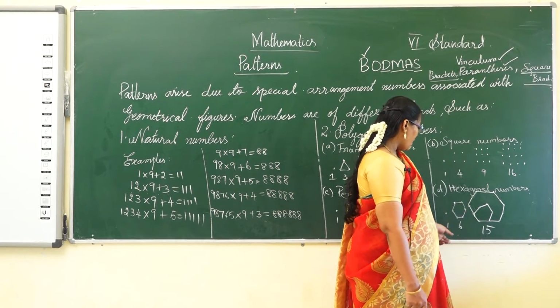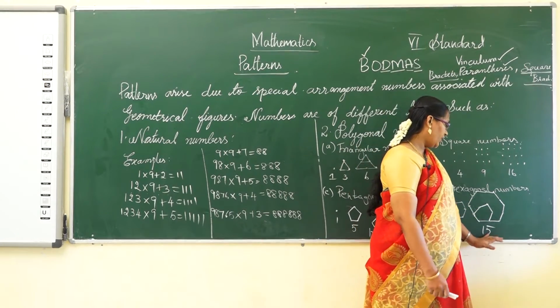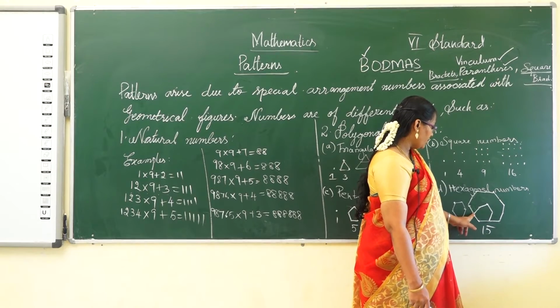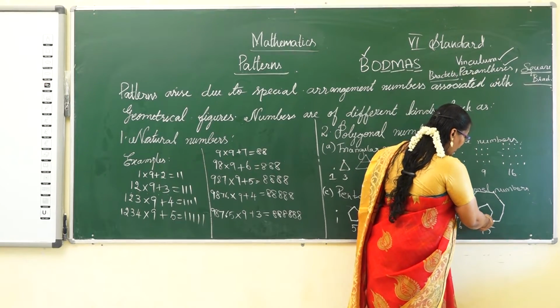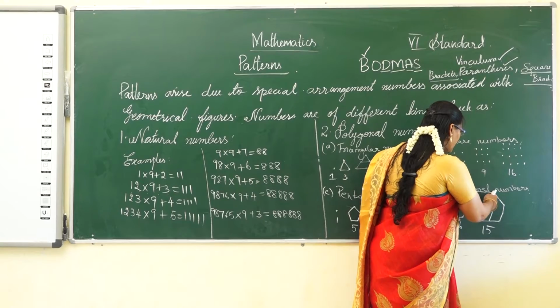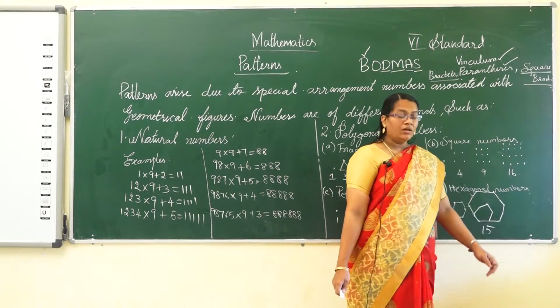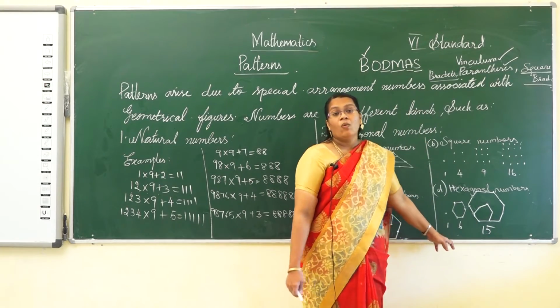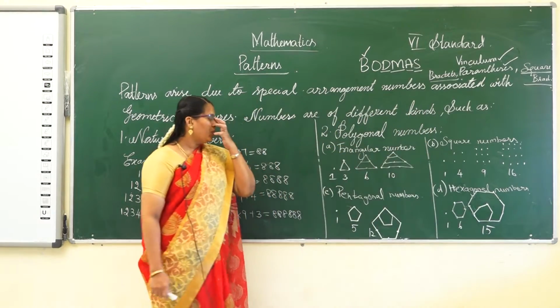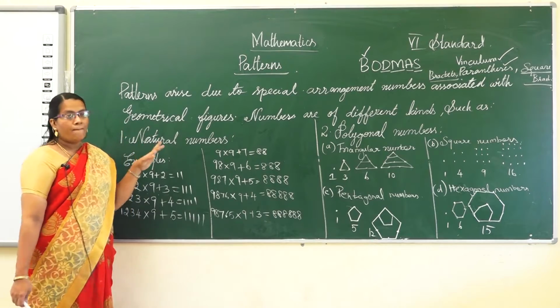So 1, 6, and after that 15. Start from here: 1, 2, 3, up to 15. So the sequence is 1, 6, 15. I hope you all understand the concept of patterns.